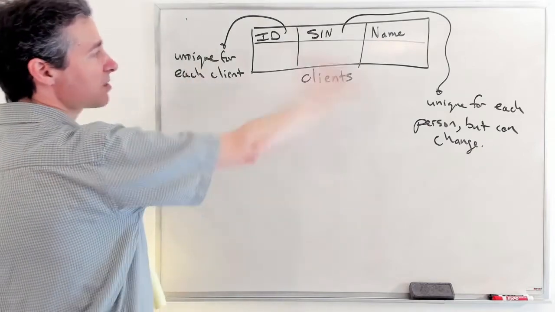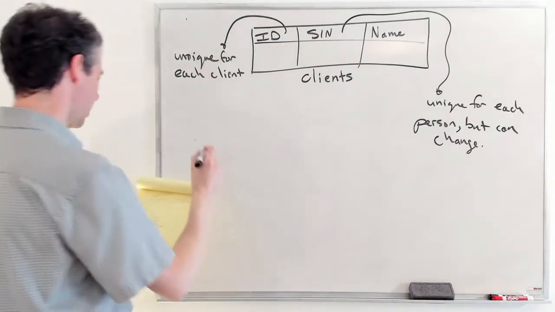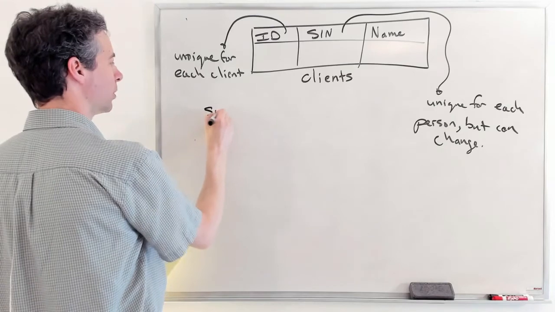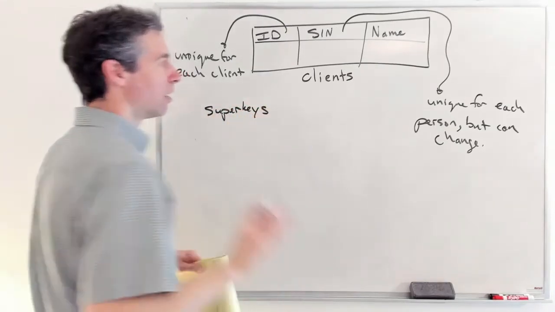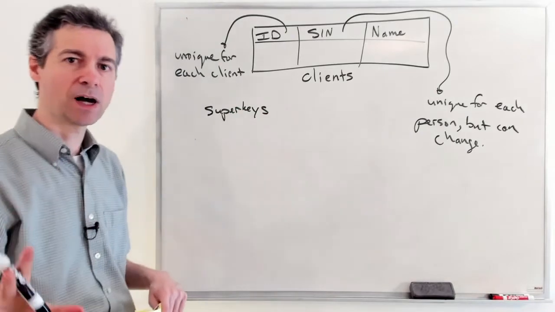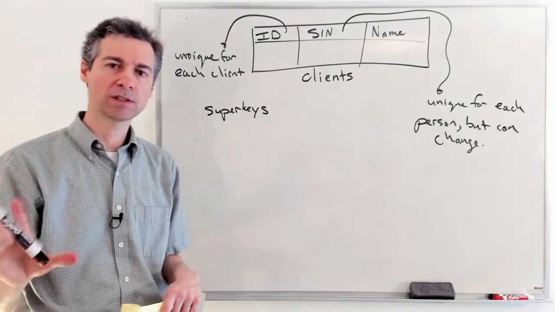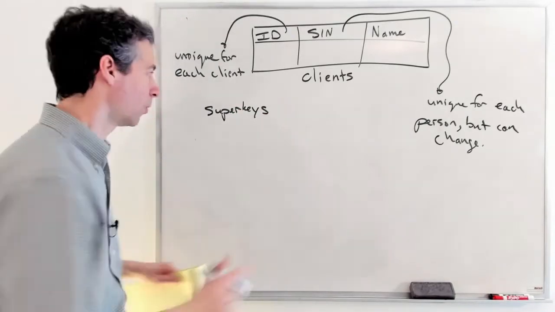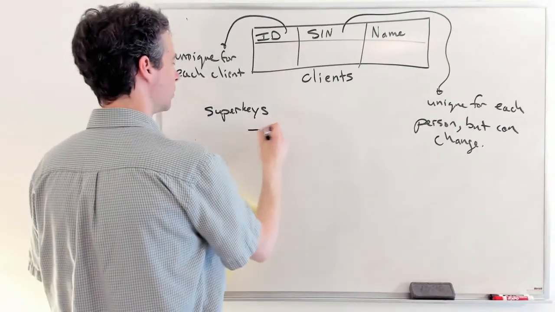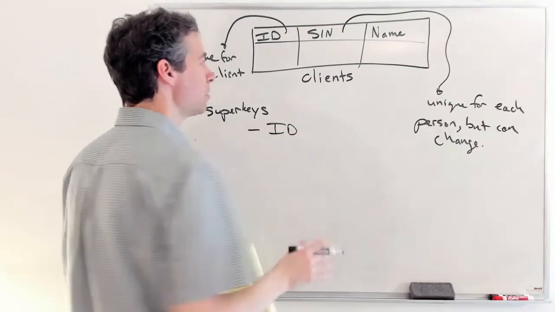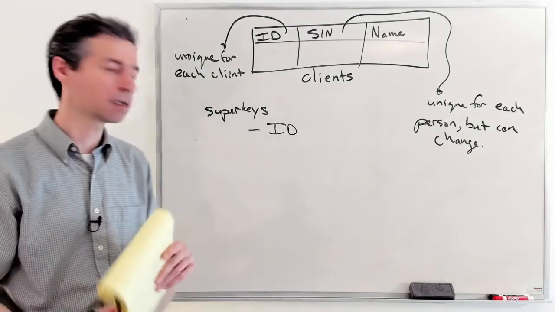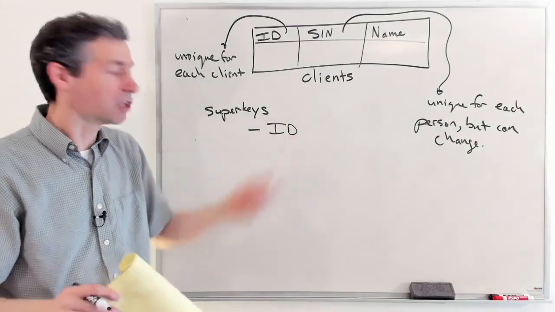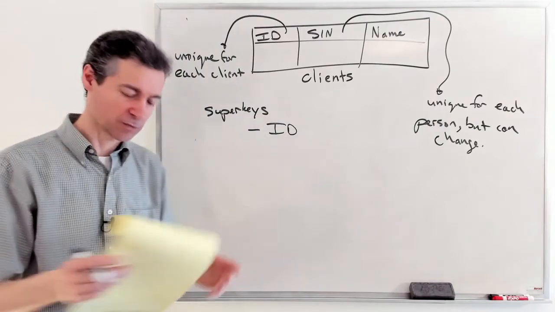So if this is our table, okay, what are our super keys? So our super keys, again, are a set of columns that allow us to uniquely identify a row. Well, we know that ID by itself uniquely identifies a row, uniquely identifies a client. So it by itself is a super key. Great.